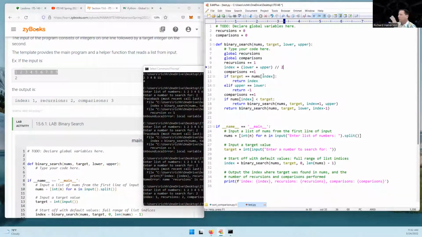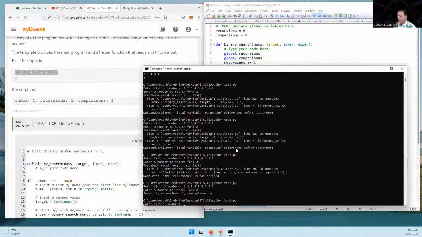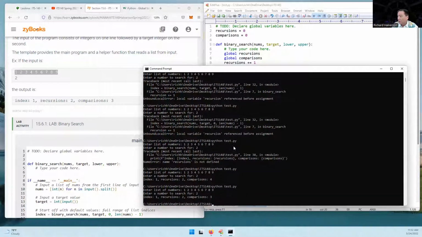So that doesn't count. So a comparison here and a comparison here, I guess. So this is what it looks like. So now if we do 1, 2, 3, 4, 5, 6, 7, 8, 9, looking for 2, it does show that.